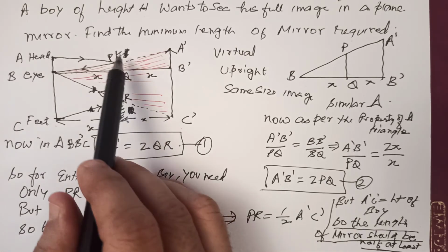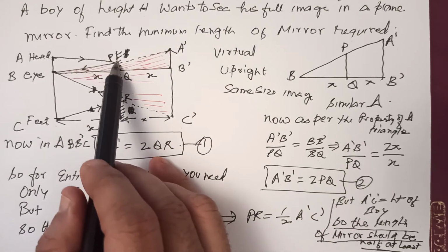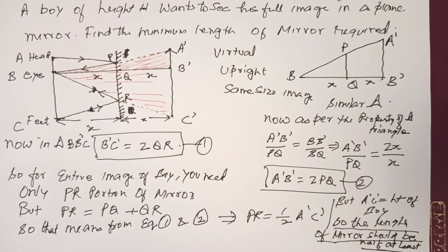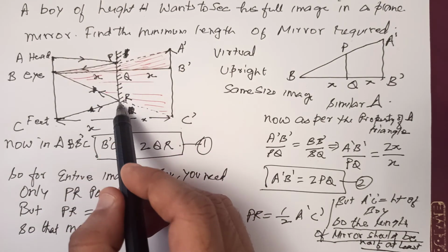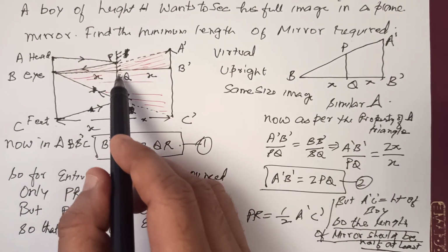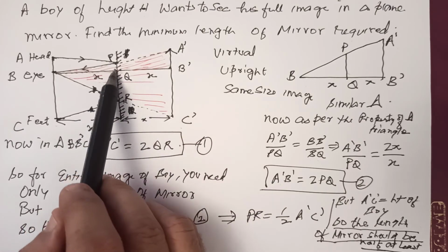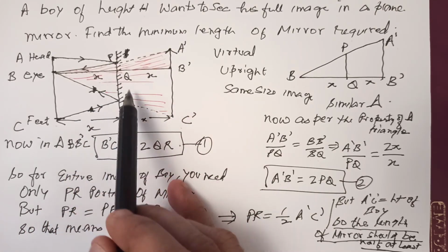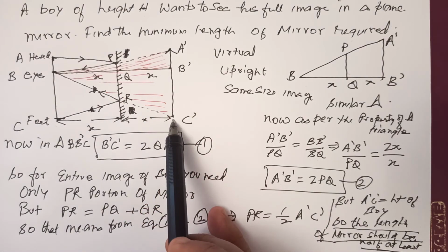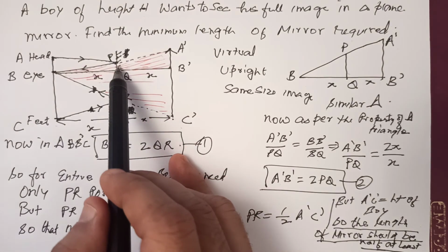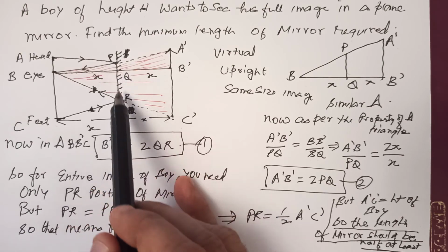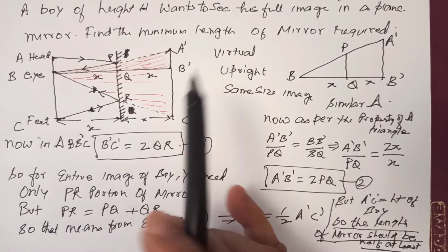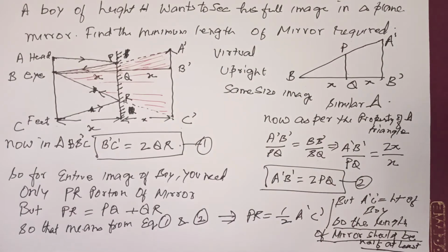So for the entire image of the boy, you need only the PR portion of the mirror. But PR is nothing but PQ plus QR. PQ is half of this and QR is half of this B dash C dash. So the whole from here to here is half of A dash to C dash, which is the height of the boy.